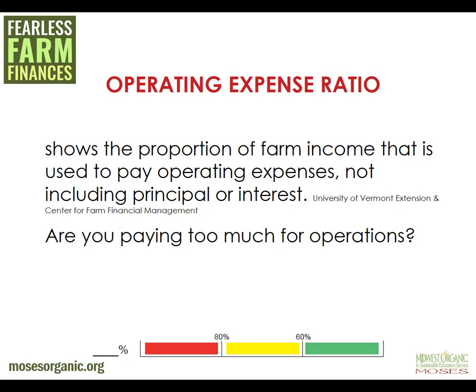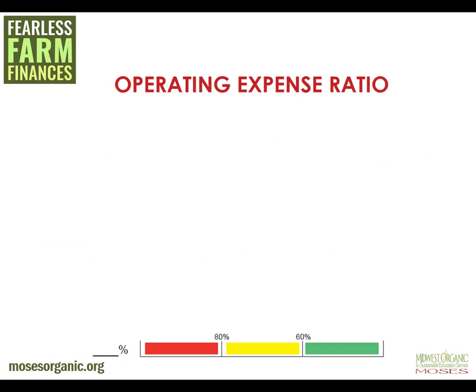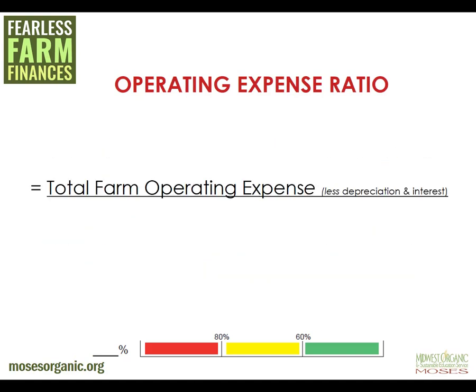So are you paying too much for your operations? This is what's going to help you determine that. So what kind of sales do you need to cover your expenses? So our operating expense ratio is determined by taking our total farm operating expenses minus depreciation and interest divided by our gross farm revenue.